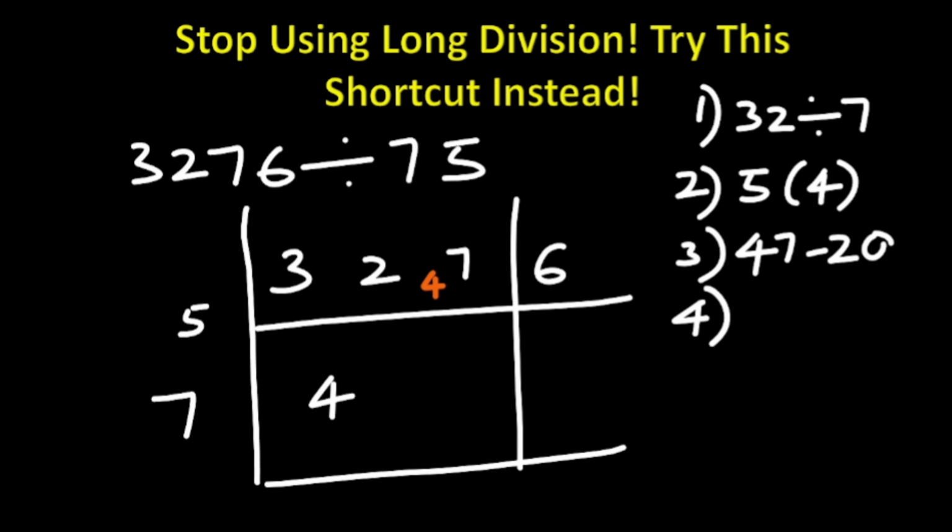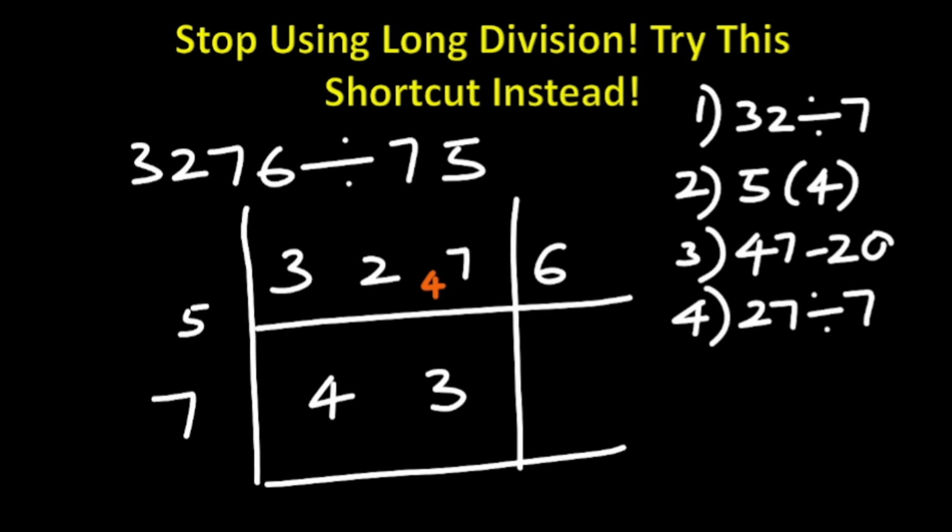So you now divide the 27 by the bigger digit, which is 7 again. So 27 divided by 7. 7 threes are 21, right? So 27 minus 21, that's going to be 6.